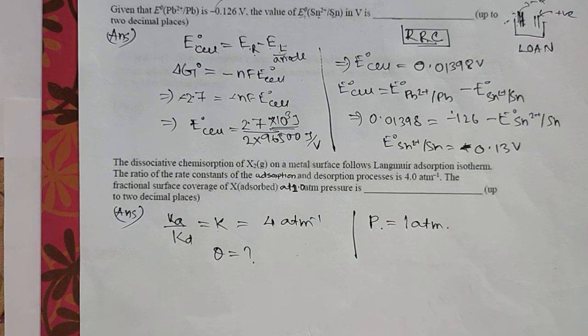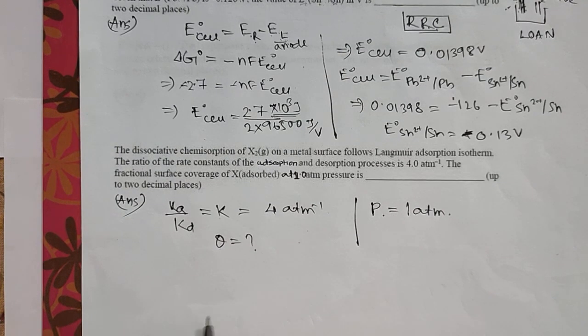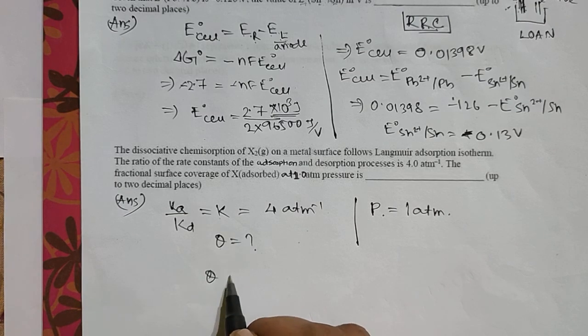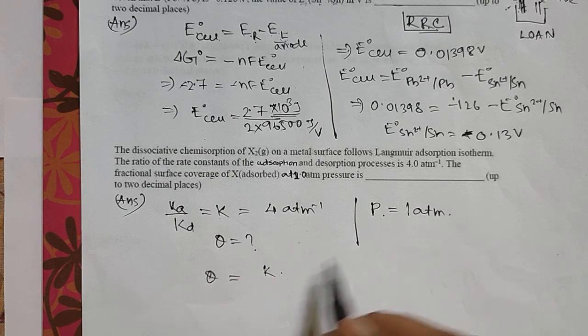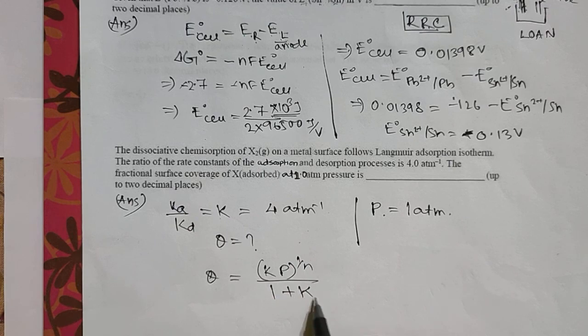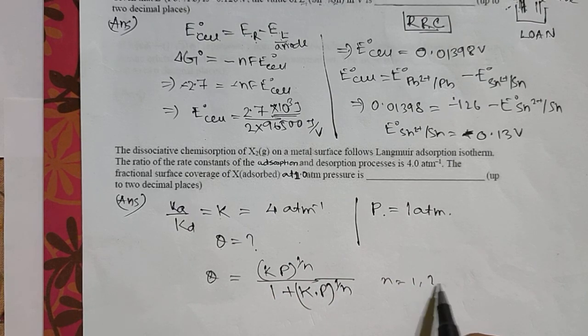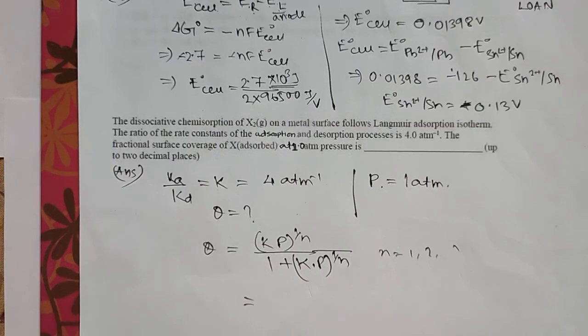For dissociative chemisorption, theta equals (K P)^(1/n) by 1 plus (K P)^(1/n), where n is the atomicity. Here it is a diatomic molecule, so n equals 2: K P^(1/2) by 1 plus K P^(1/2).